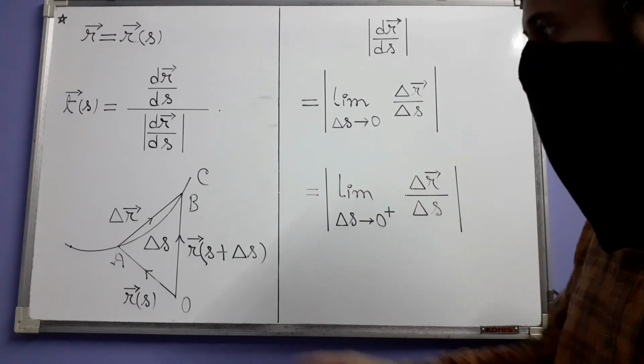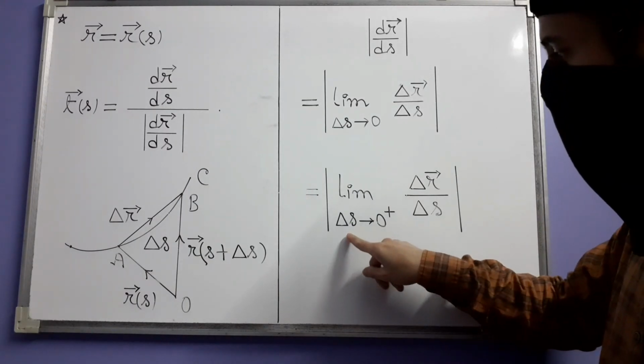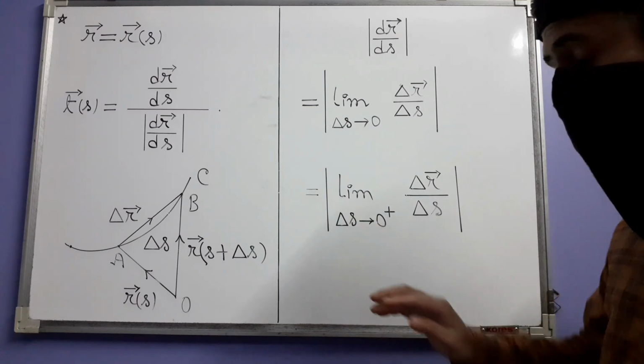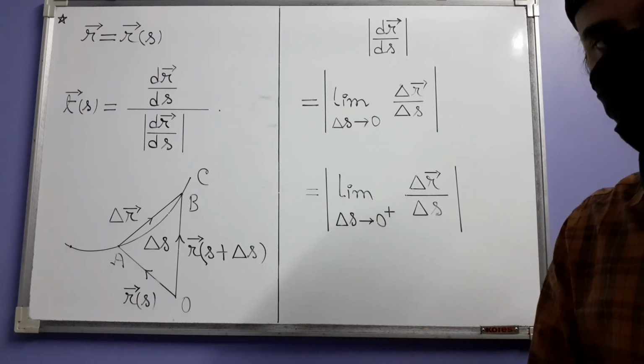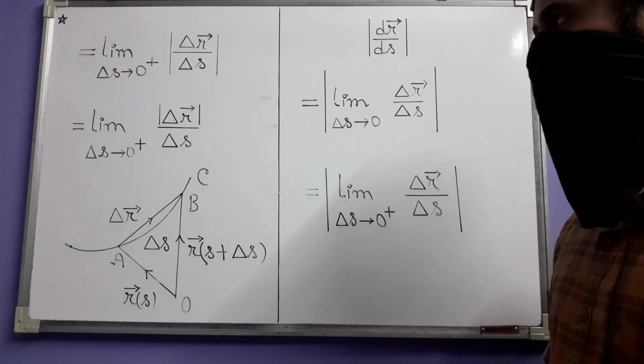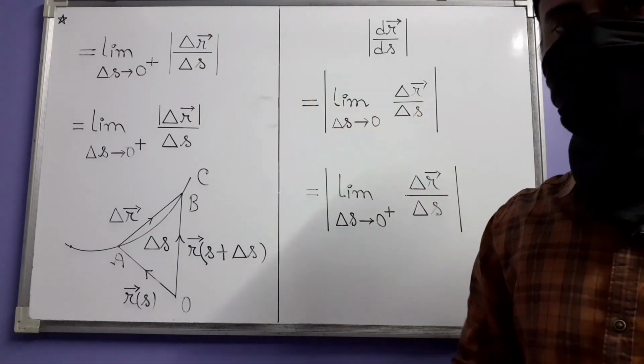And now we can consider this figure where delta s is positive, and in this one-sided limit, right hand limit, delta s really is positive. Then the magnitude goes inside the limit.